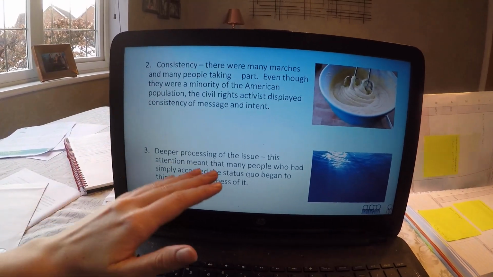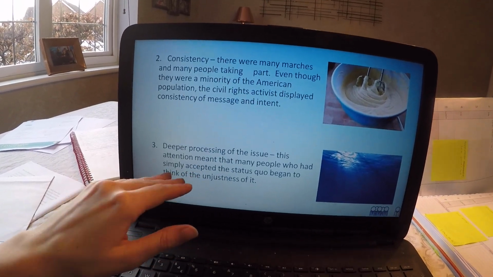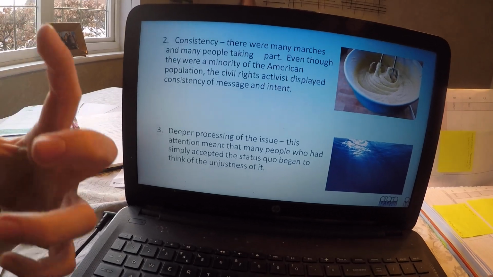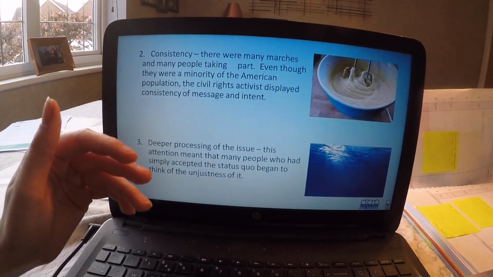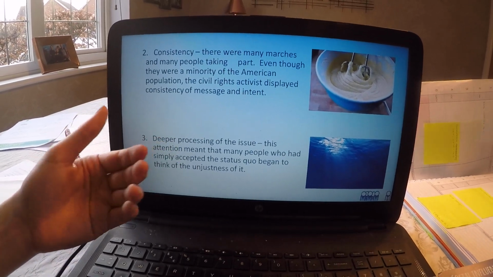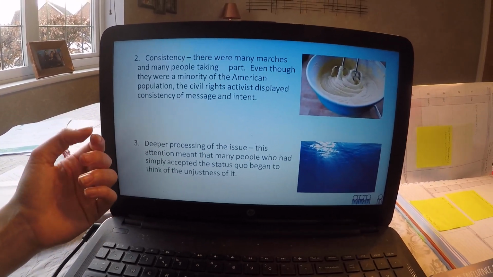They're starting to think, whoa, maybe I shouldn't have accepted the status quo. They're starting to think about whether it is actually just. Is it right that that is our status quo? So you're processing it on a deeper level.